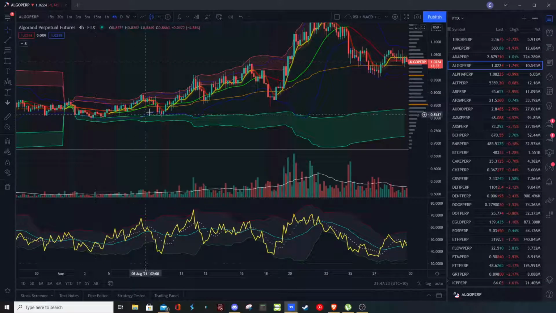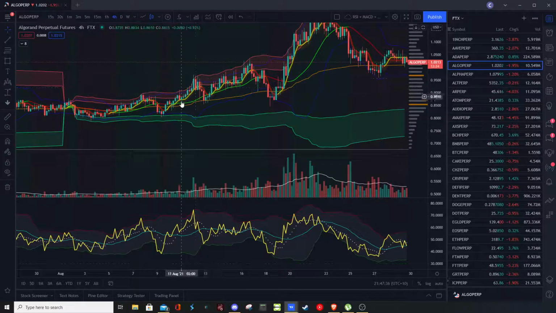VWAP actually uses the candle action to provide where the volume weighted average price is. So the weight of the buyers and sellers, and the mathematics behind that, give you that standard VWAP line like this.